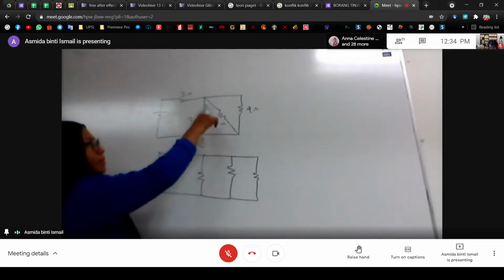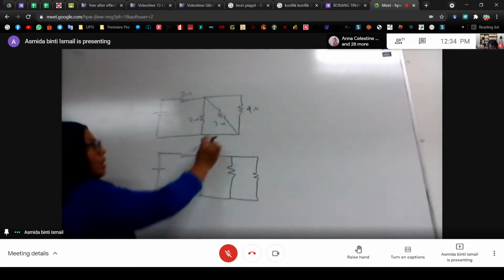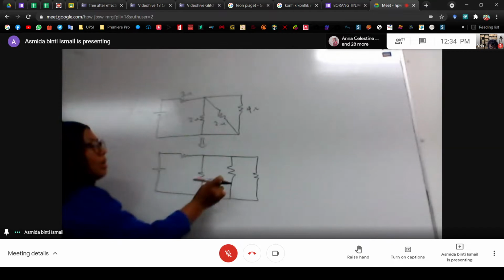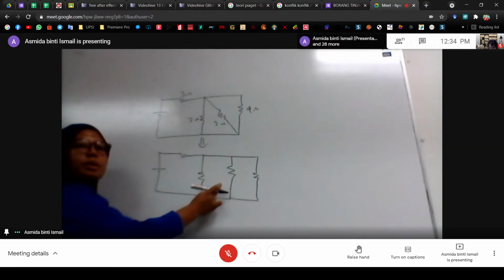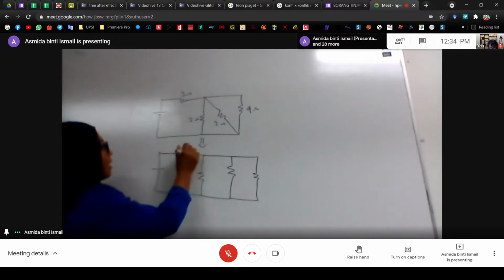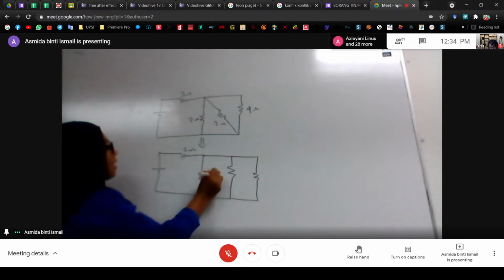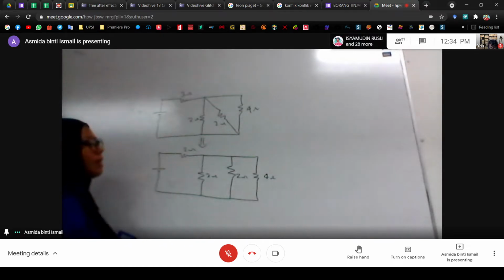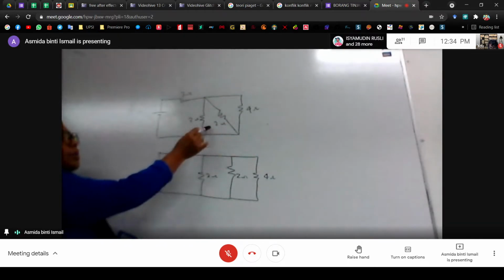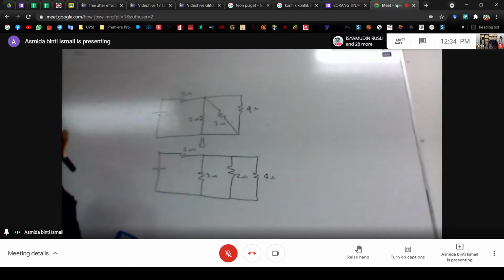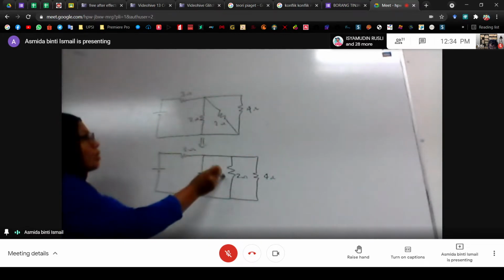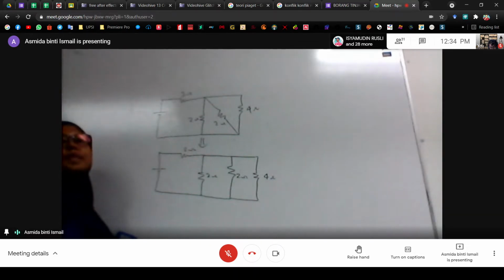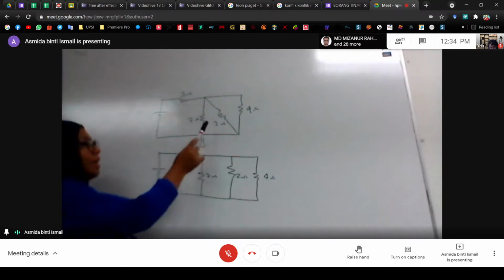From this position, we transform to this position. Okay. This one and this one is the same one. Sama je. Ni dengan ni sama je.